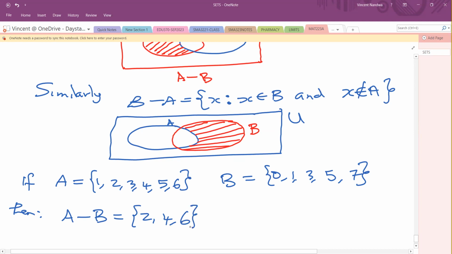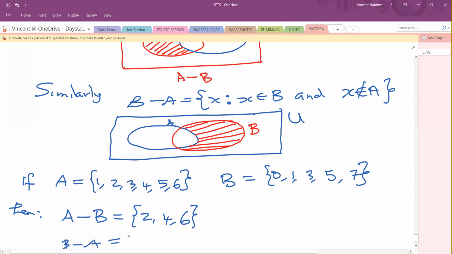Those are the only elements which can be counted to be in set A but are not found in set B. The elements 3, 1, and 5 are excluded because they are also part of this other set B.